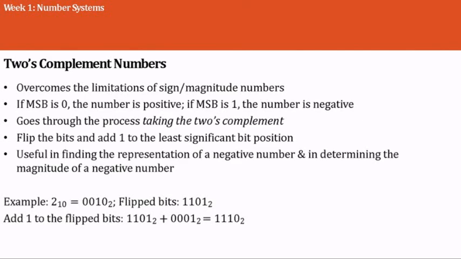First, we have to derive the binary equivalent of 2. The equivalent of 2 is 0010. Again, that's the first step: convert it to binary. And then that's followed by flipping the bits.